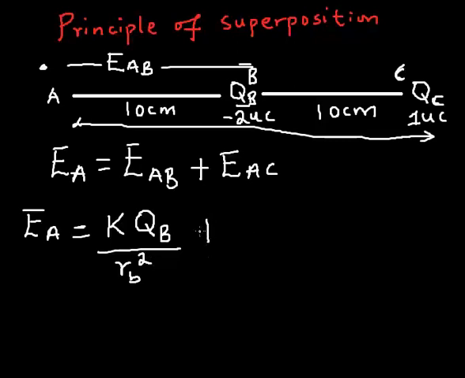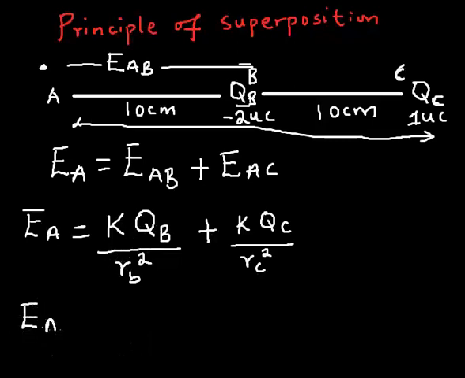Then plus K QC divided by rOC square. Of course, that's the second formula of electric field I actually gave you: KQ all over r square. Now let's evaluate this.